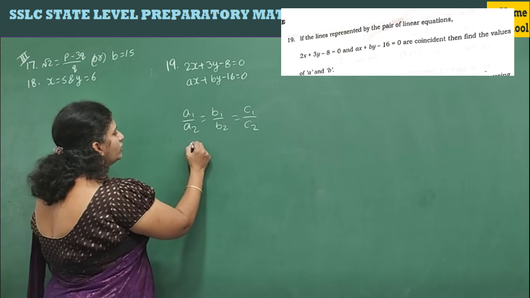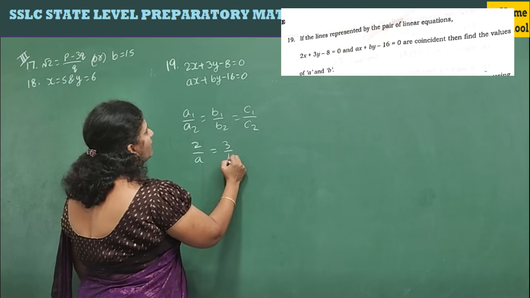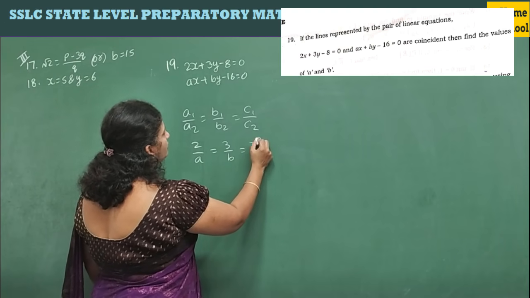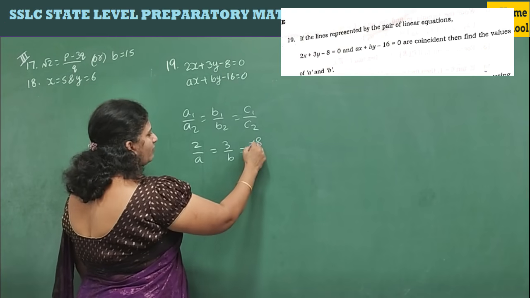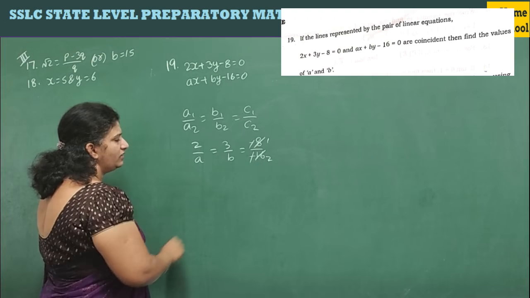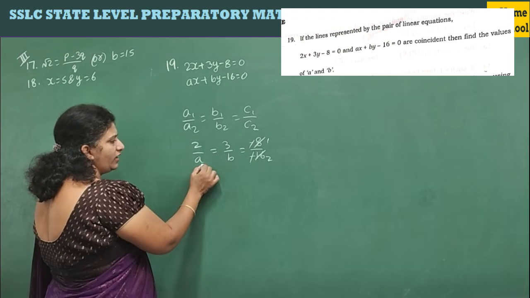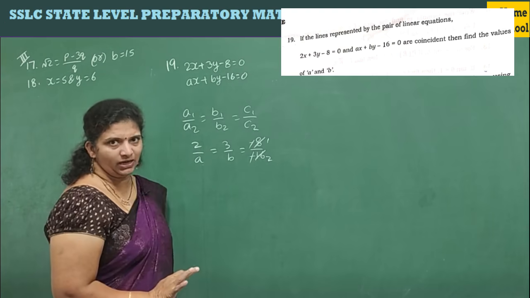Equate these, children. 2 by a is equal to 3 by b is equal to minus 8 by minus 16. Minus cancel, 8 2s are 16. Now, you don't know a and you don't know b, but all three ratios will be equal.